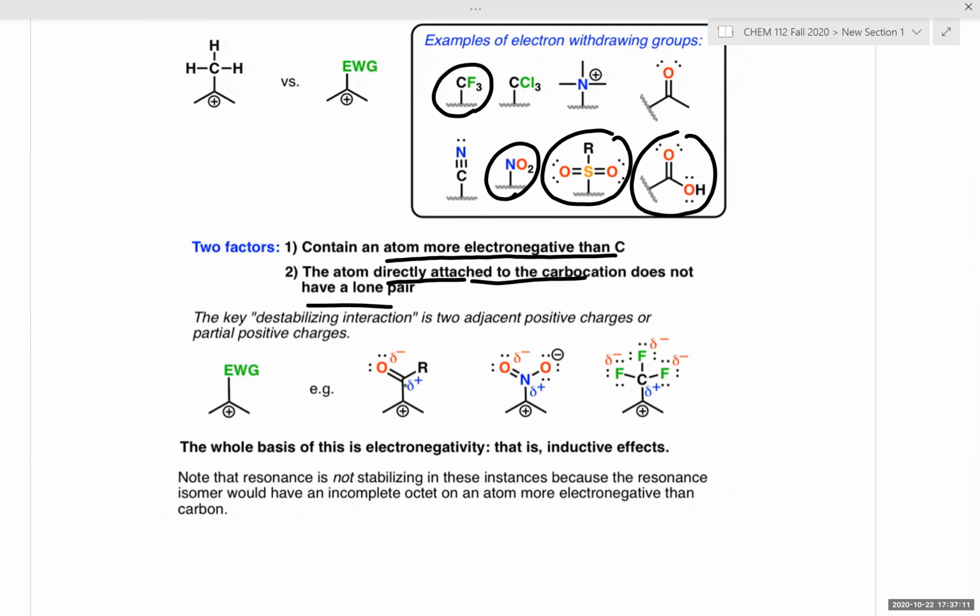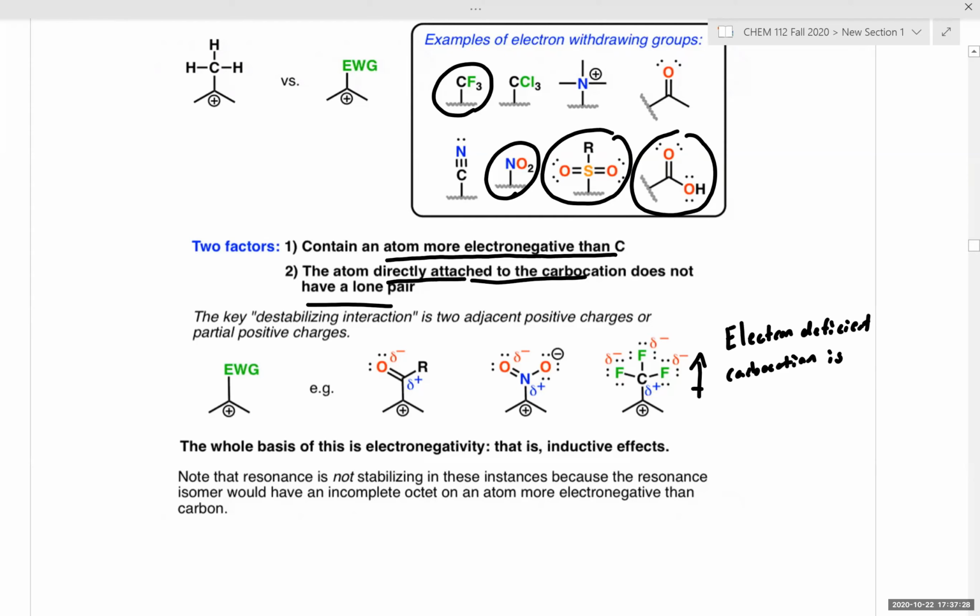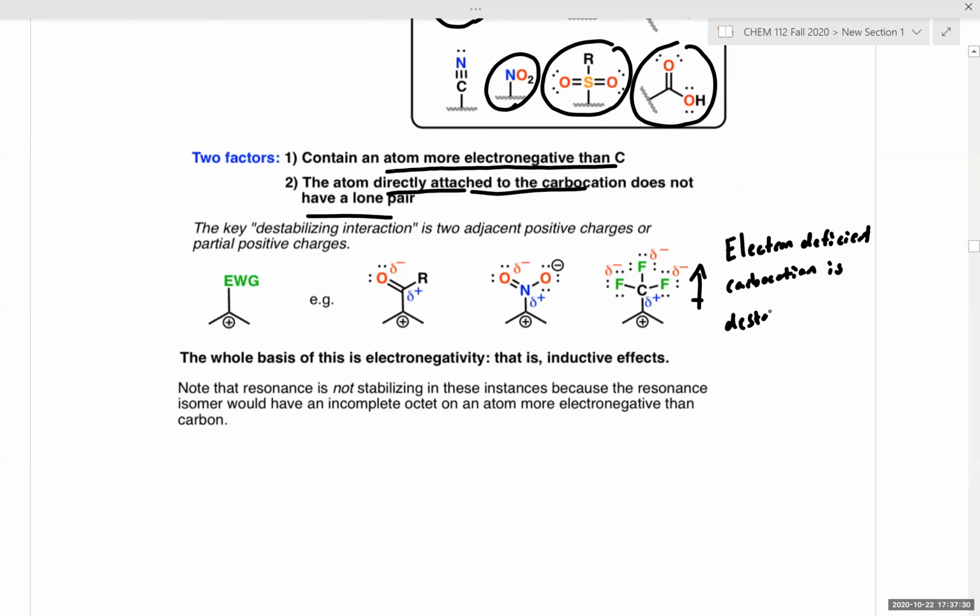Another way that you can rationalize this effect is that our electron deficient carbocation is destabilized as it loses additional electron density.